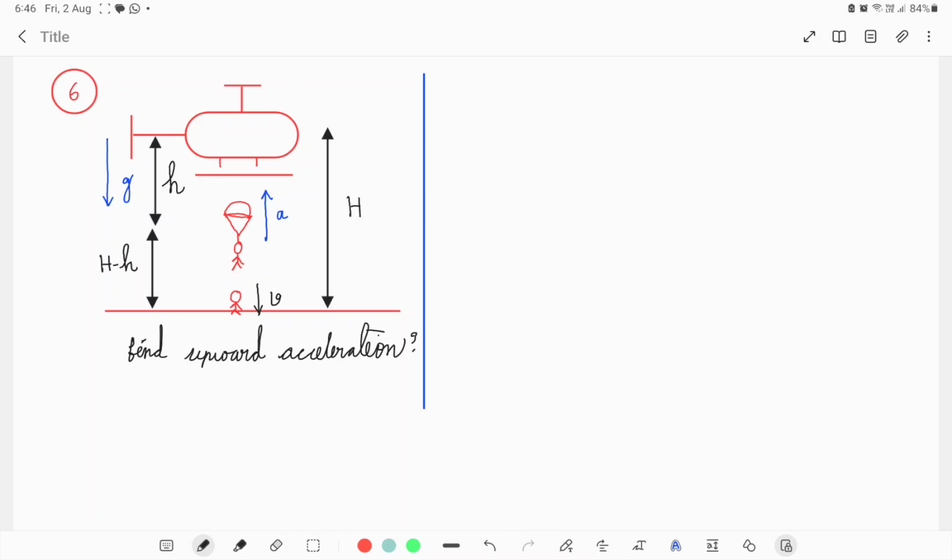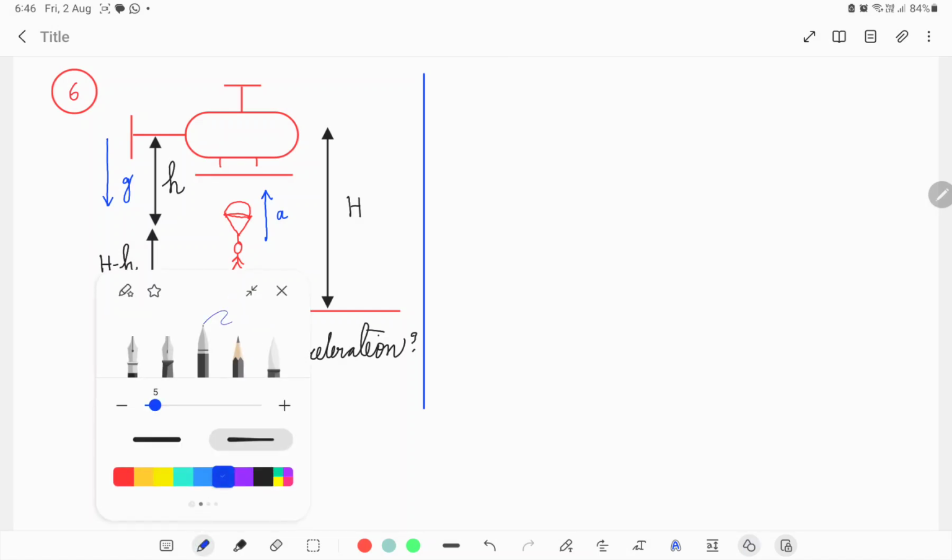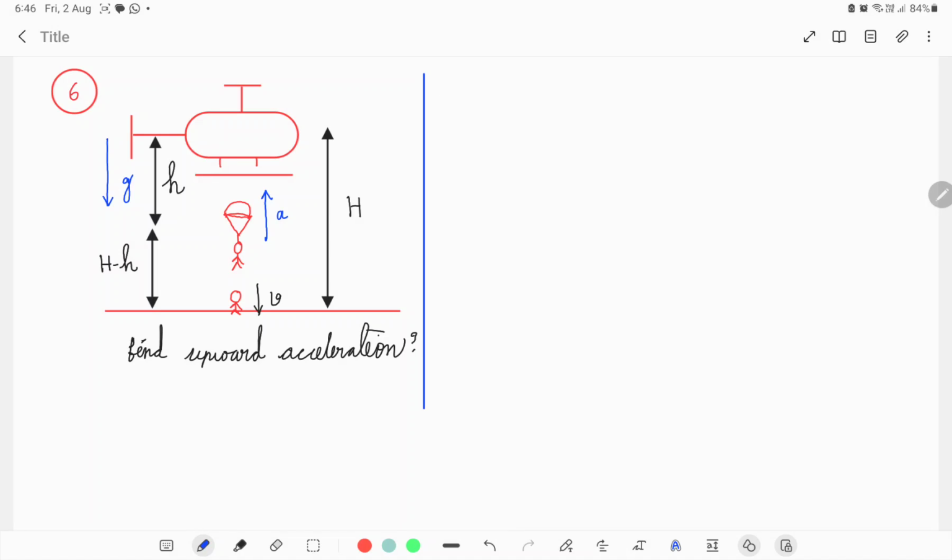Before opening the parachute, he is moving like a freely falling body. If it is a freely falling body, then before he opens his parachute, let's say the velocity is v dash. Therefore v dash square is equal to 2 g h.